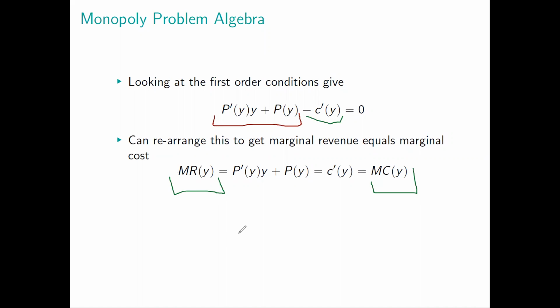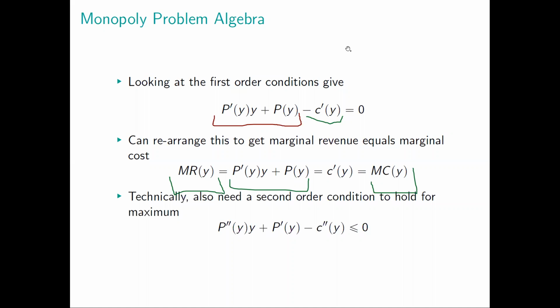Right, so this is the same kind of condition we used to solve the situation where the firm wasn't a monopolist, except there the price was fixed. So the marginal revenue per unit produced is just given by P, whereas here the marginal revenue is given by this more complicated term. The derivative of P at y times y plus the price of the good at the amount of output, y.